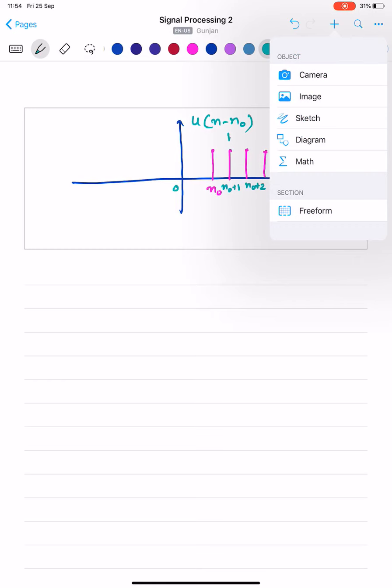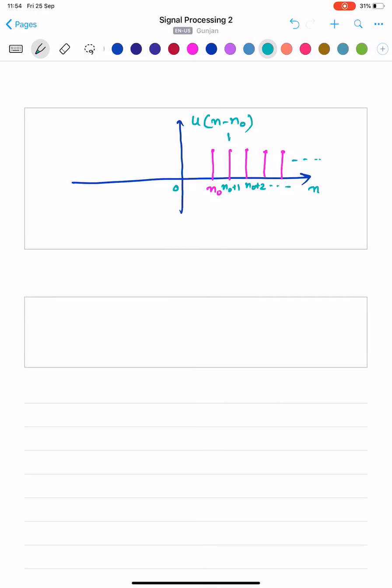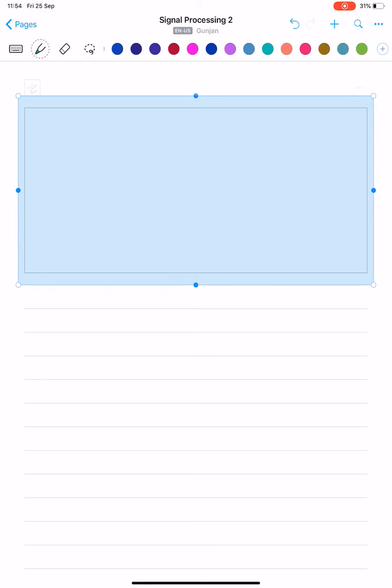For instance, just take an example. Suppose we have u of n minus 2, then it will be 1 for n greater than equals to 2 and 0 else. I'm giving you more examples so that you can have a better understanding about it.